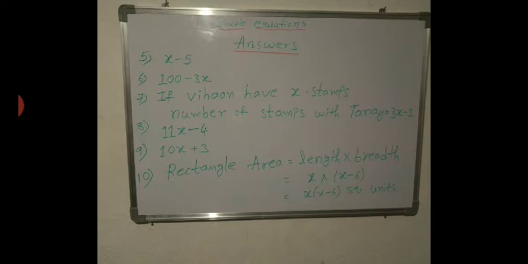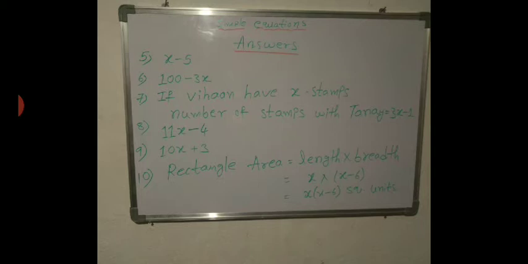The number of stamps with Tanai equals thrice, means 3 times, so 3x minus 1. Tanai has 1 less than thrice the number of stamps that Vihan has.